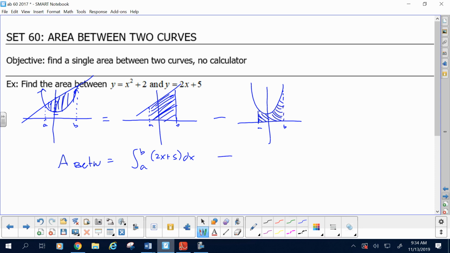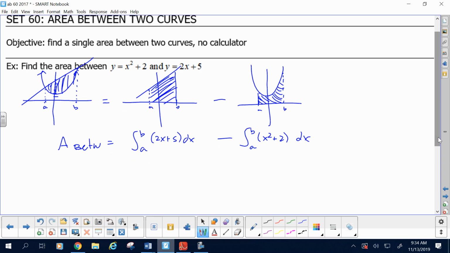And we're going to remove, how do you find the second shaded region? Plus the integral of x squared plus 2. Now I could certainly find each separately and do that, but I would have to do a little more work than if I put them together.